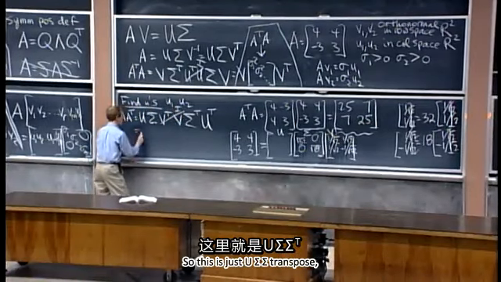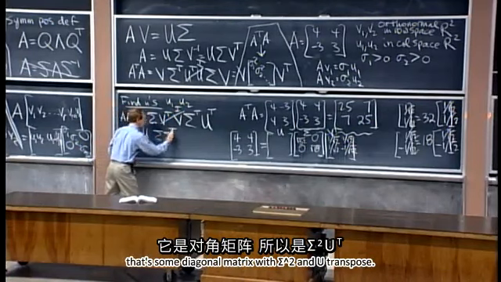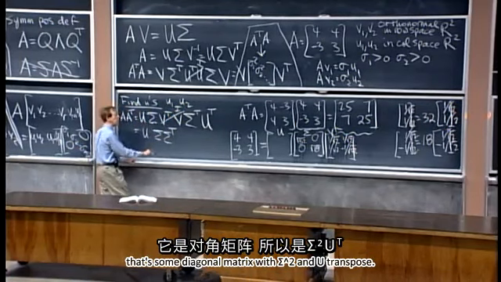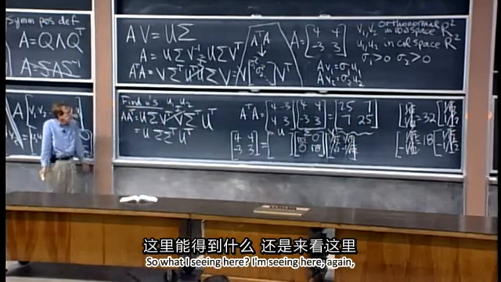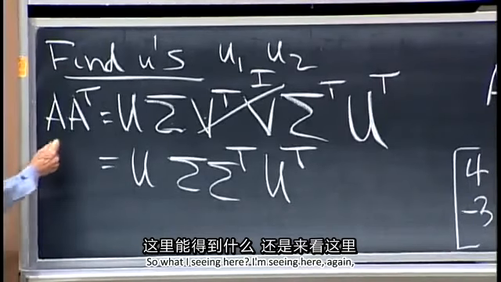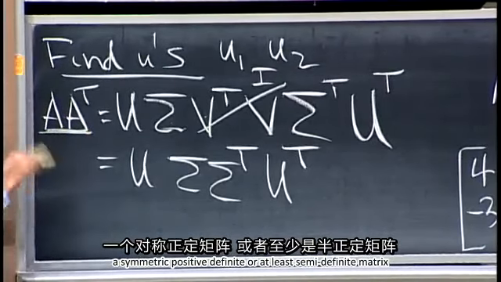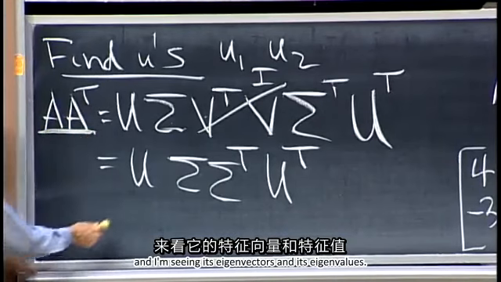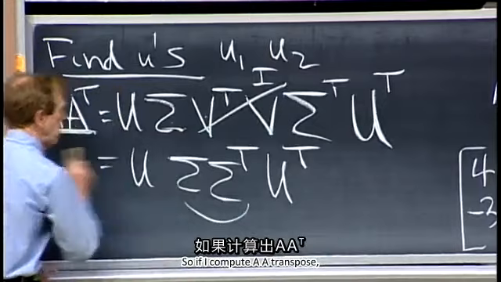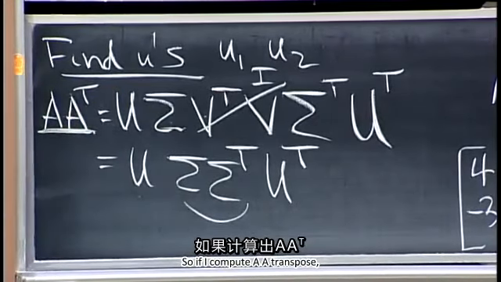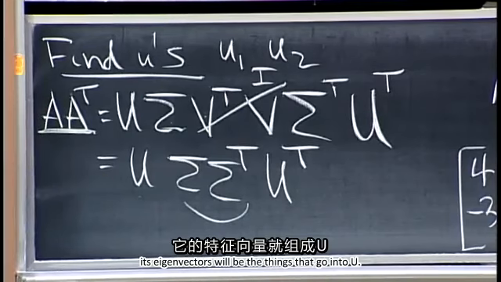So this is just U sigma sigma transpose, that's some diagonal matrix with sigma squareds, and U transpose. So what am I seeing here? Again, a symmetric, positive definite, or at least semi-definite matrix, and I'm seeing its eigenvectors and its eigenvalues. So if I compute AA transpose, its eigenvectors will be the things that go into U.